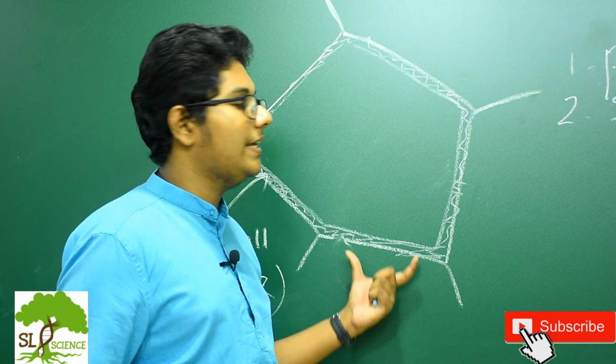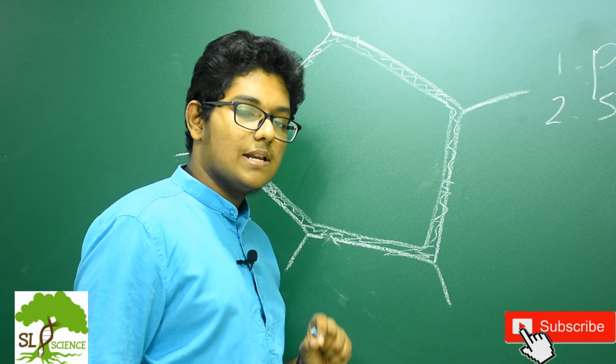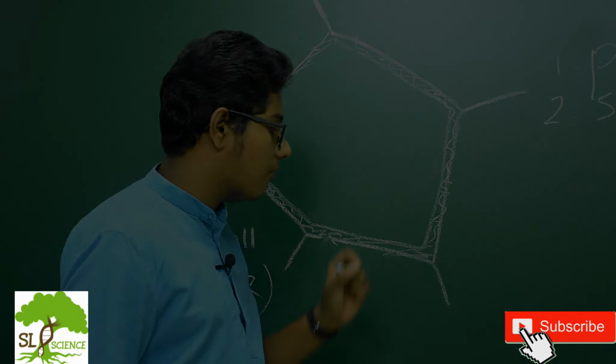If there is pectin in the cell wall, water can't travel through it. Normally the cell wall is permeable to everything, but if there is pectin, it is not permeable to water.